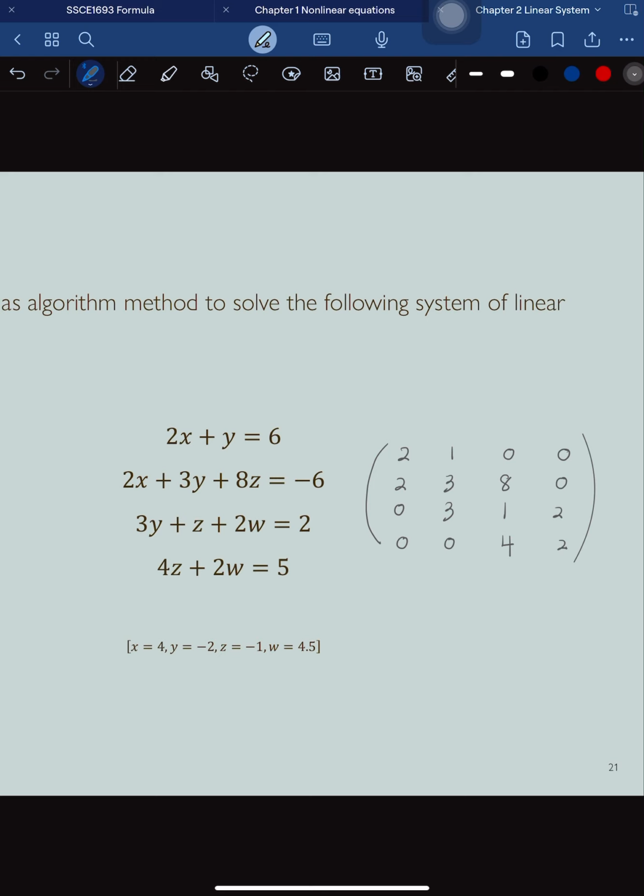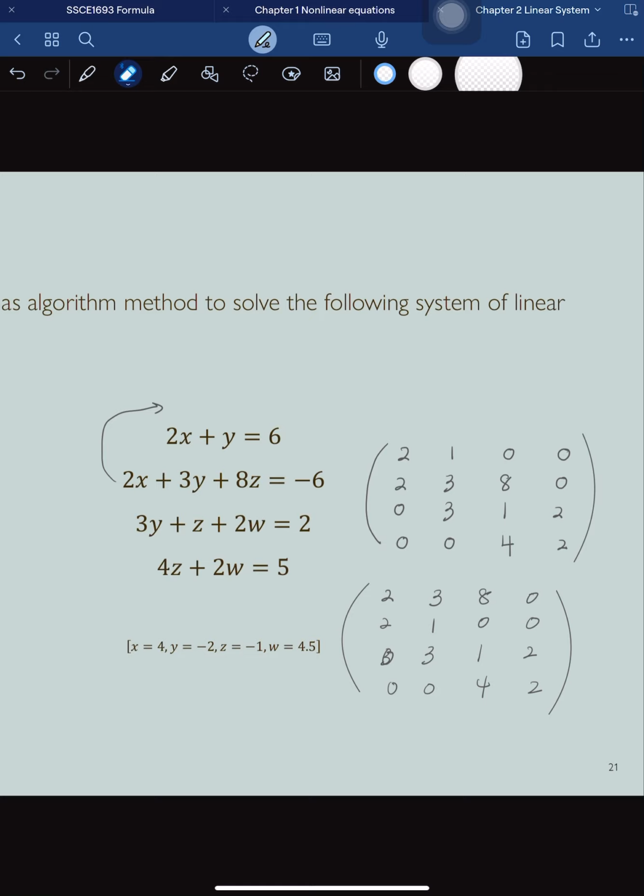For example, they give you this one as the first equation. When you rearrange, you get x, y, z, w, 2.